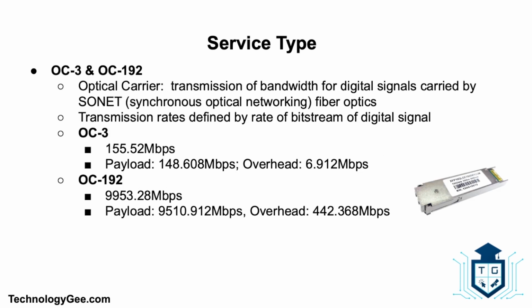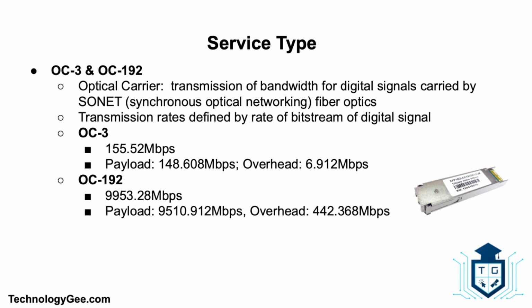Next, we have OC3 and OC192. Optical carrier transmission rates are a standardized set of specifications of transmission bandwidth for digital signals that can be carried on synchronous optical networking, or SONET, fiber optic networks.